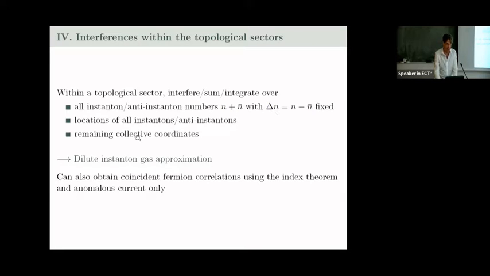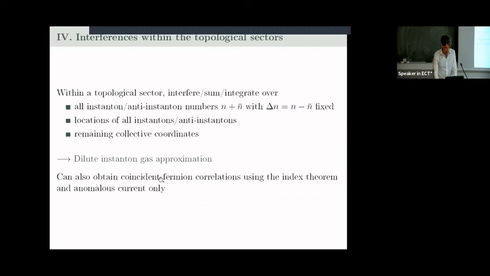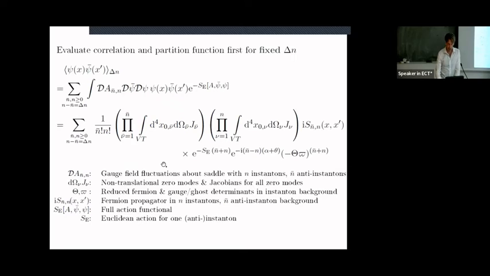Then we need to move around all these locations of all instantons and anti-instantons, and there are also some remaining collective coordinates associated with the gauge symmetry. This is essentially what is called the dilute instanton gas approximation. Of course, one can also do it without the DIGA, as Carlos has shown us yesterday. And this is how it looks. It is a bit technical, but I think the meaning is very transparent.